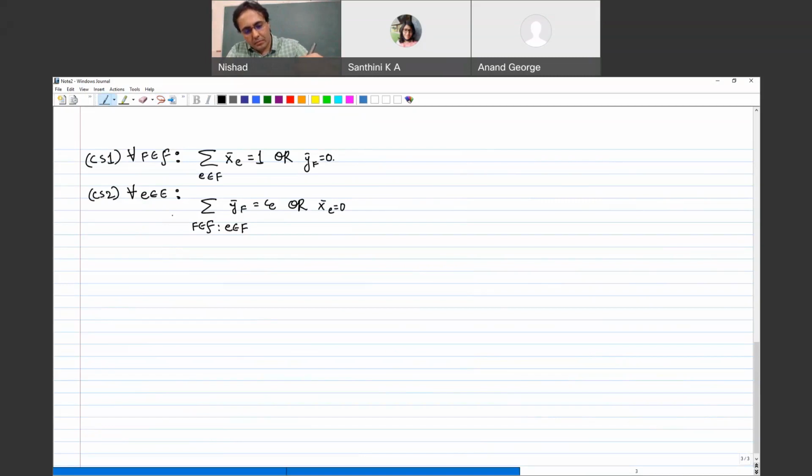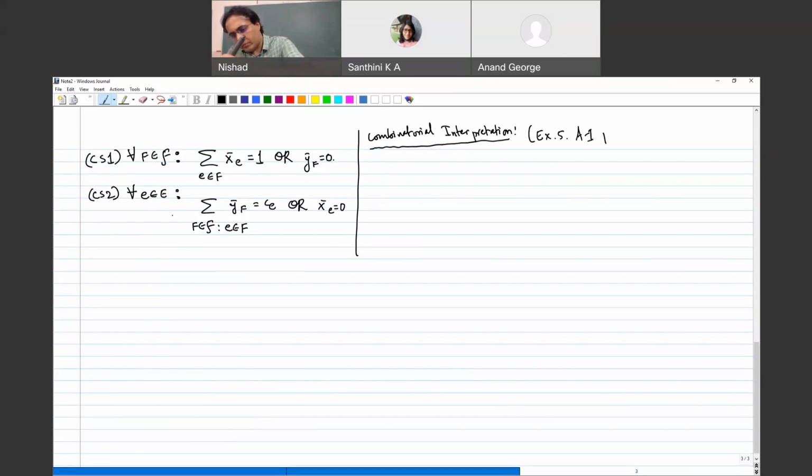Let's call this a combinatorial interpretation. And this is related to your exercise 5 in assignment 1, part B. Okay, so now let's suppose Q is an ST path.